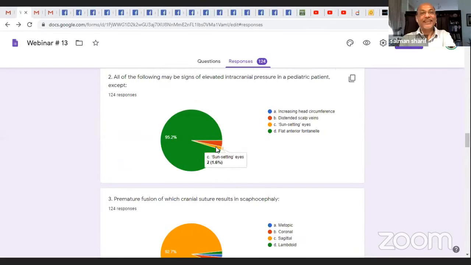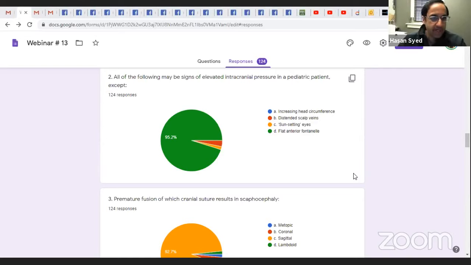Okay, question 2. Hasan, maybe you can take us through these questions, please. So question 2, we talked about signs of elevated ICPs in pediatric patients, and the correct answer is all of the following except, and a flat anterior fontanelle is the right answer because it is not indicative of elevated ICPs.